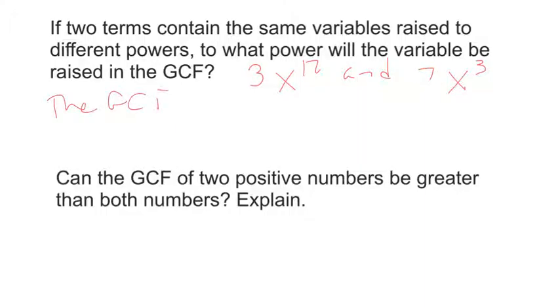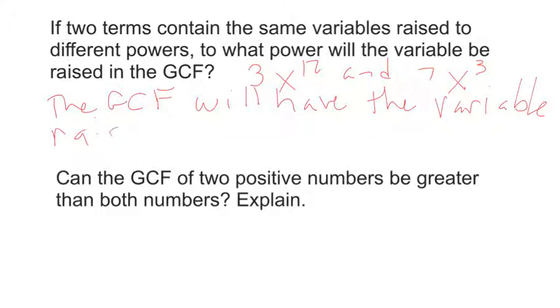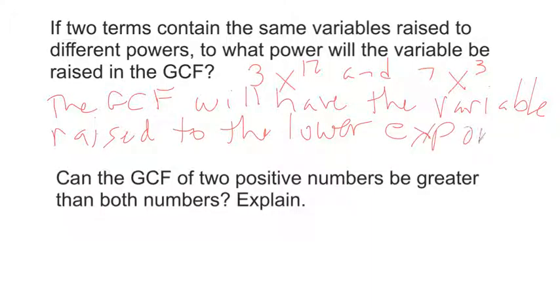The GCF will have the variable raised to the lower exponent value, which in this case would be the 3.